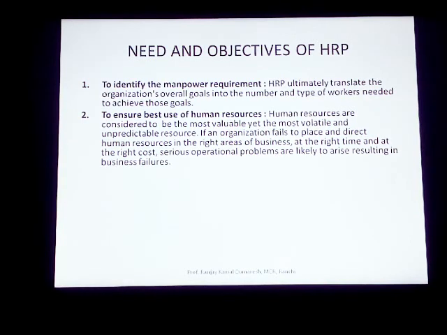To ensure best use of human resources, which are considered to be the most valuable, most volatile and unpredictable resource. If an organization fails to place and direct human resources in the right areas of business at the right time and at the right cost, serious operational problems are likely to arise, resulting in business failures.